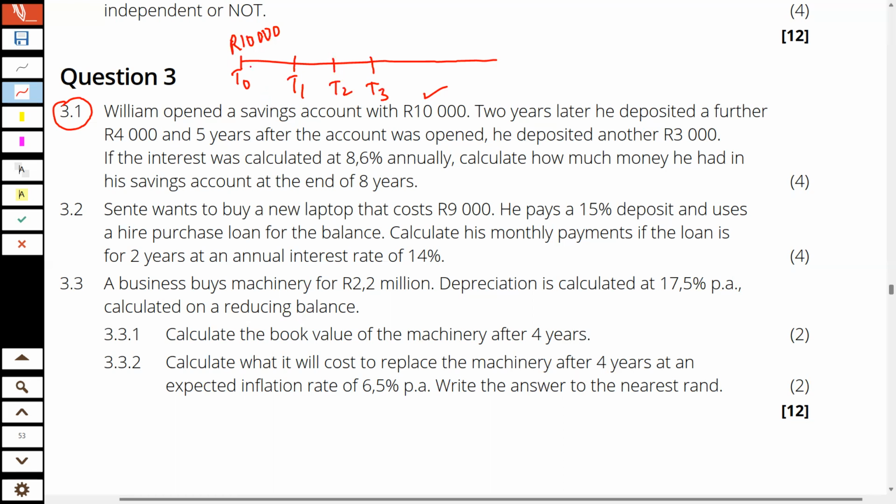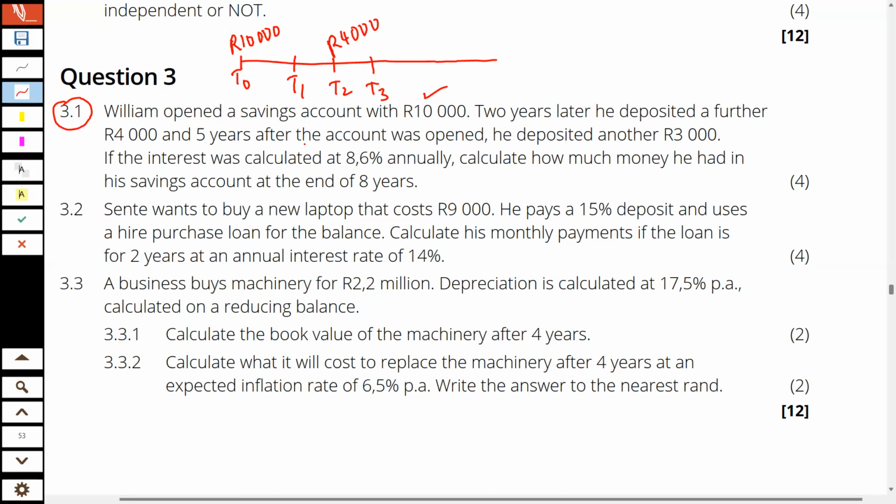So this is time 0, and then here is the first year, and then the second year. And then after that, he deposits a further 4,000 Rand here.